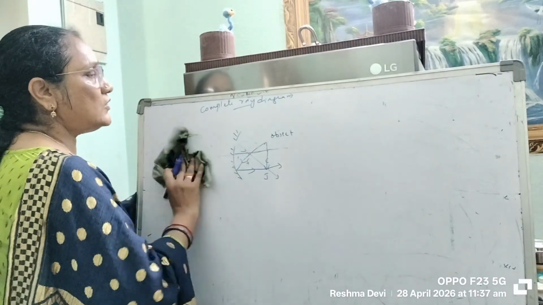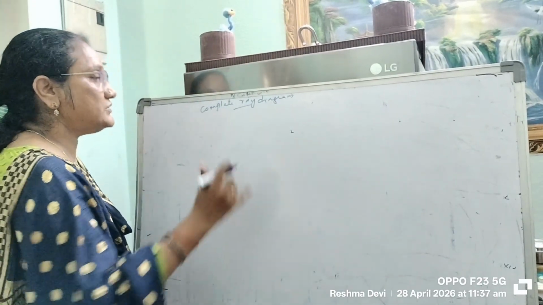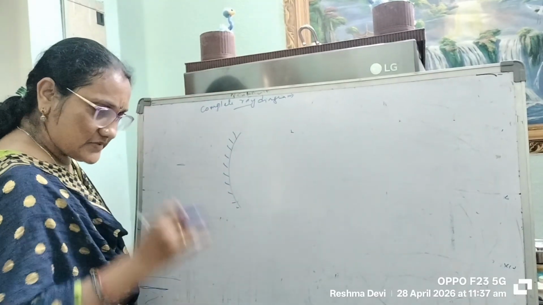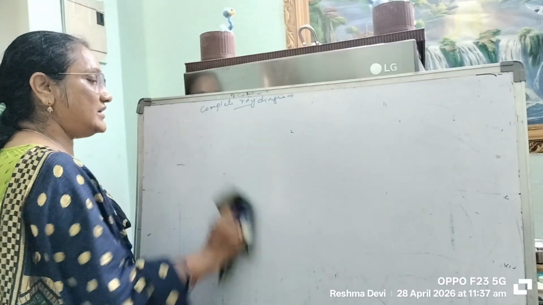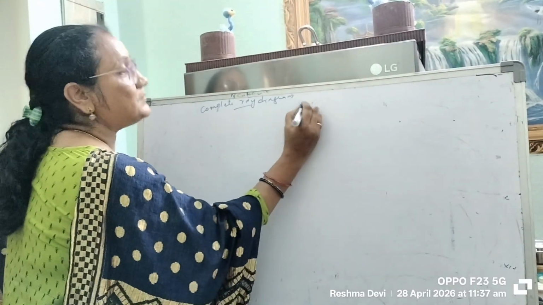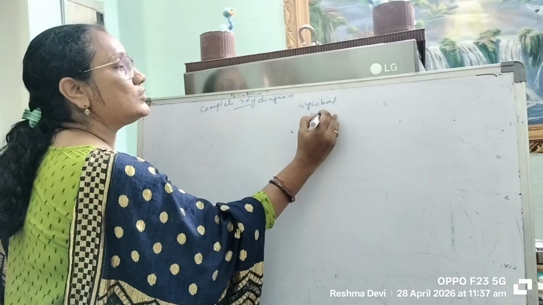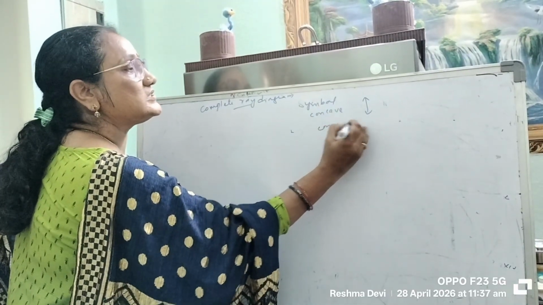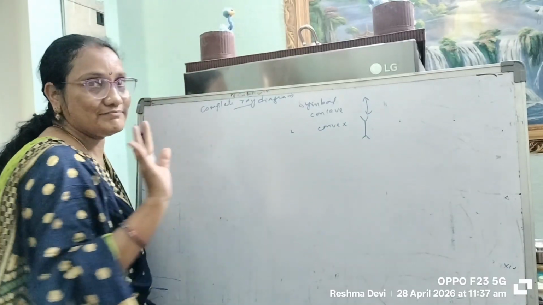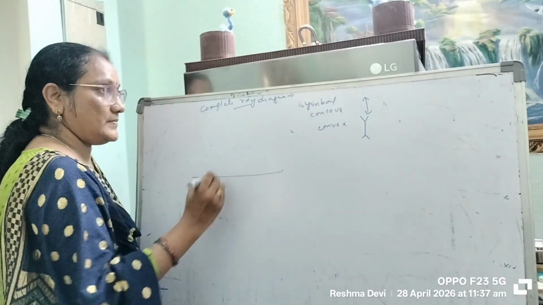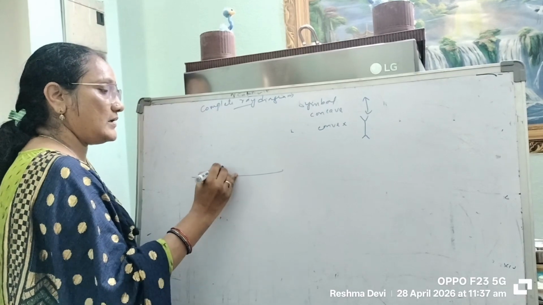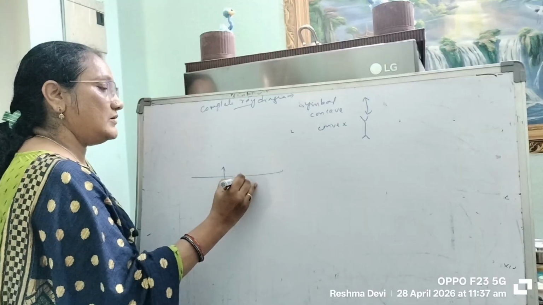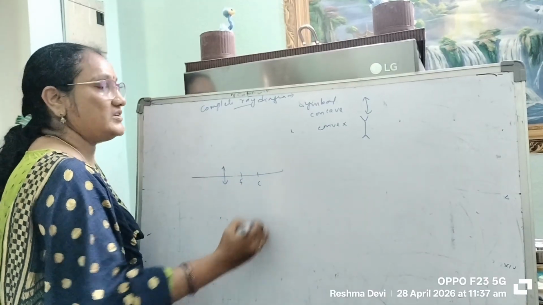Now, next question. Or sometimes, okay, I forgot to say one thing: the symbolic representation of concave and convex mirrors. Sometimes you have to understand that this is a concave mirror, with focus and center of curvature.